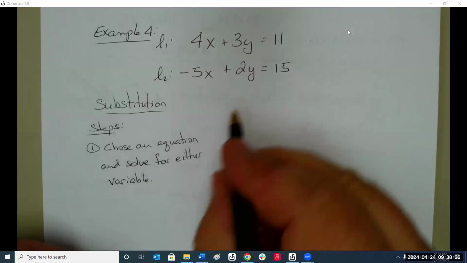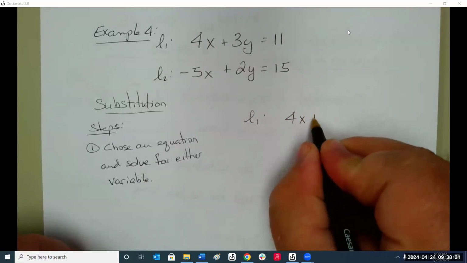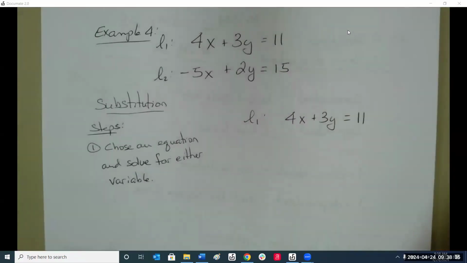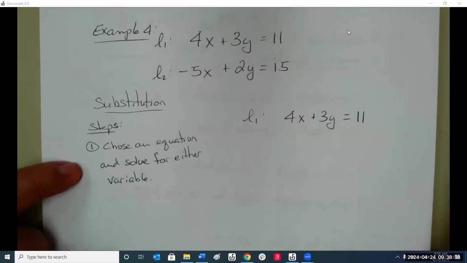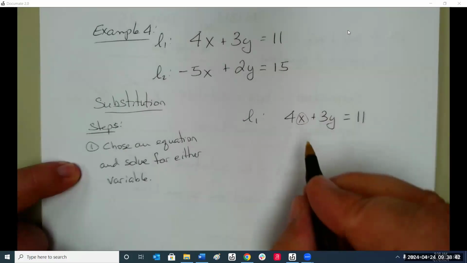We'll do one. All right, so we choose line 1. So we chose line 1, now choose a variable. All right, we're choosing x.